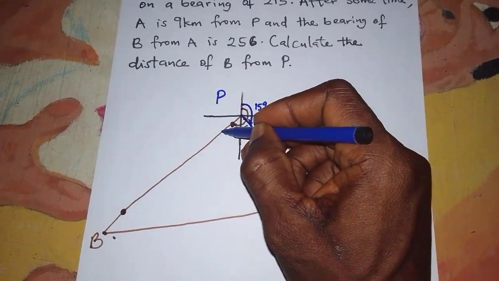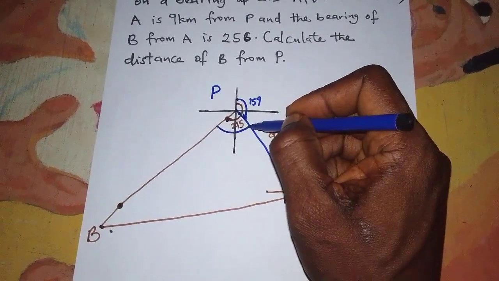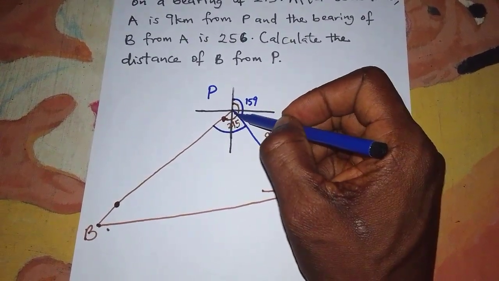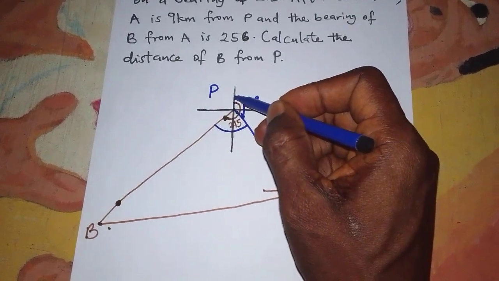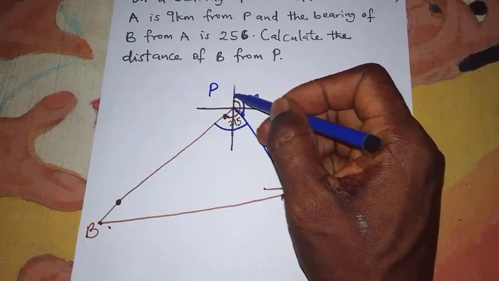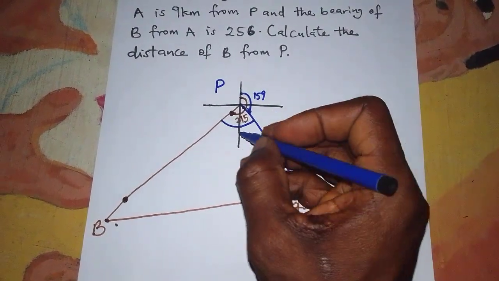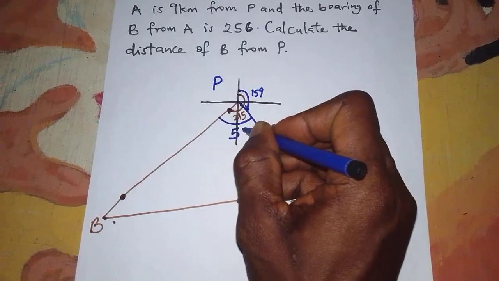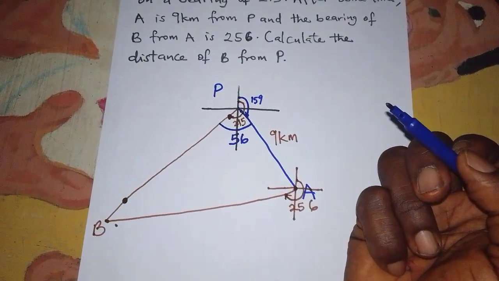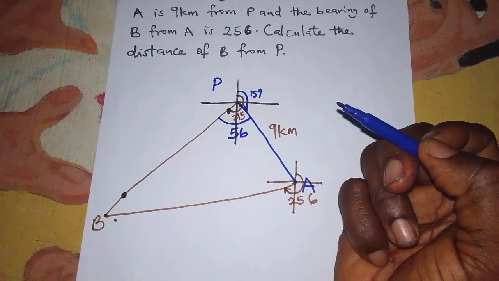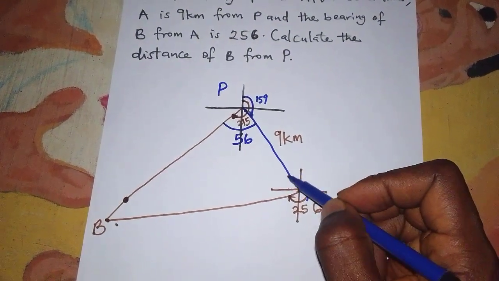So to know the value of this angle, it will be 215 minus 159, which gives us 56 degrees. So this angle is 56 degrees. We need to know the value of this other angle.